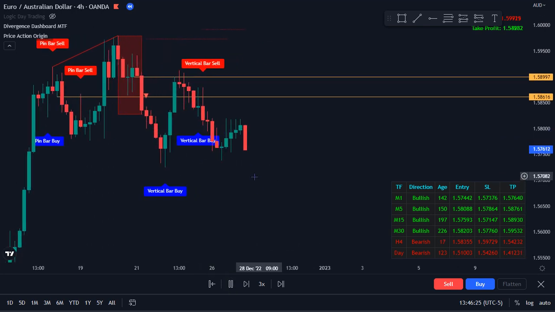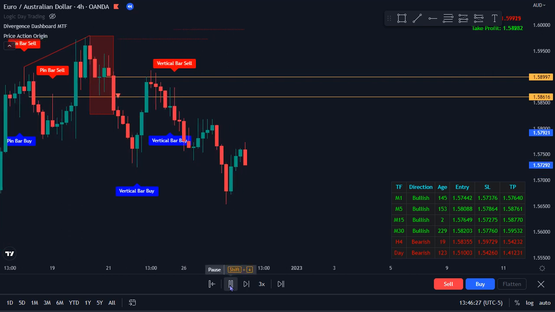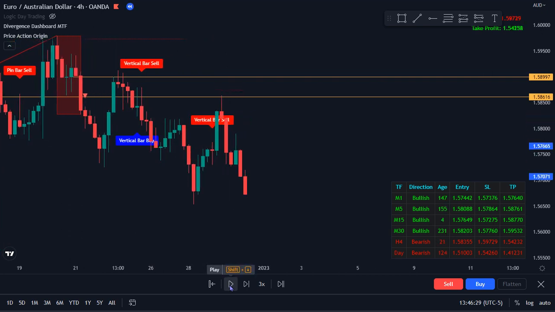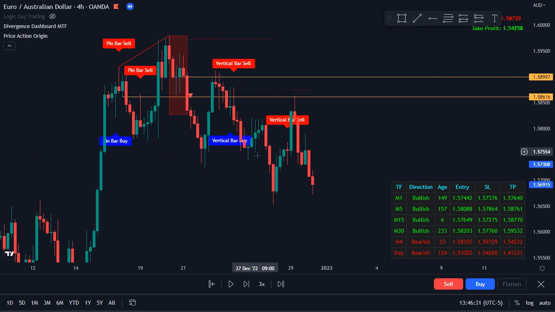But as we play it out some more, look at the sensitivity to that candle right there. Another break of structure, another strong move lower, taking out this low right here, and then retraces right back into the bottom of the zone.